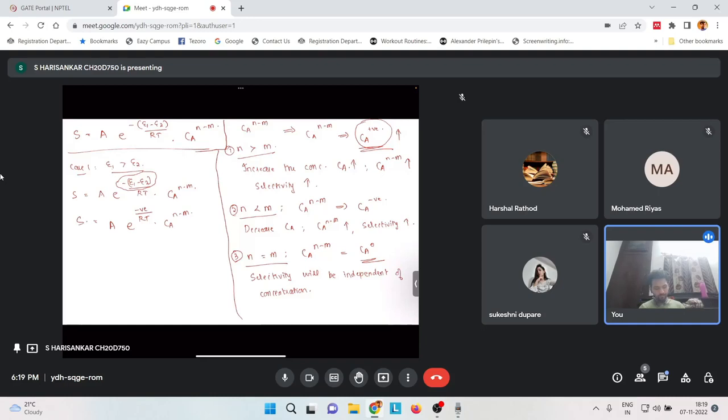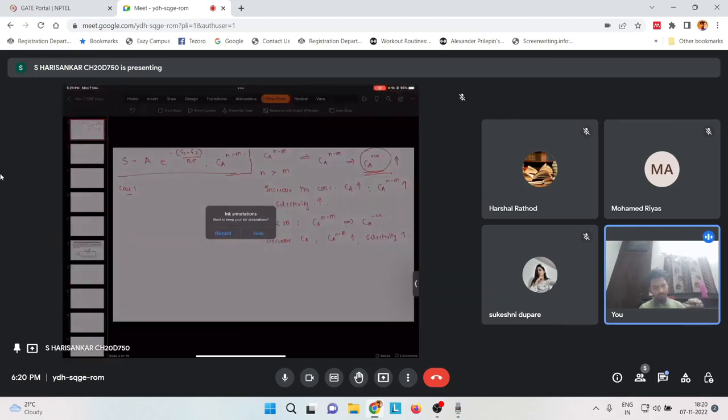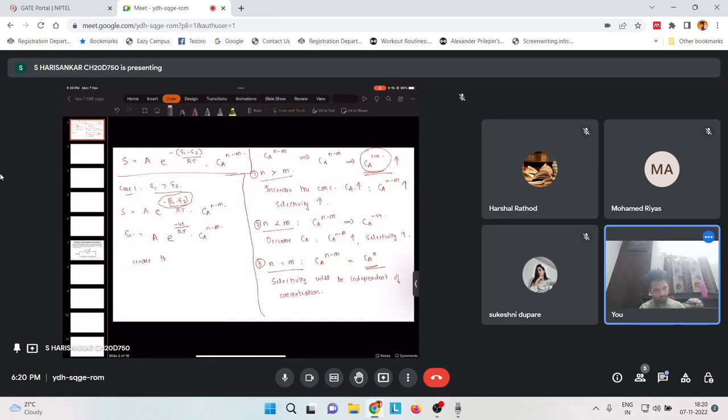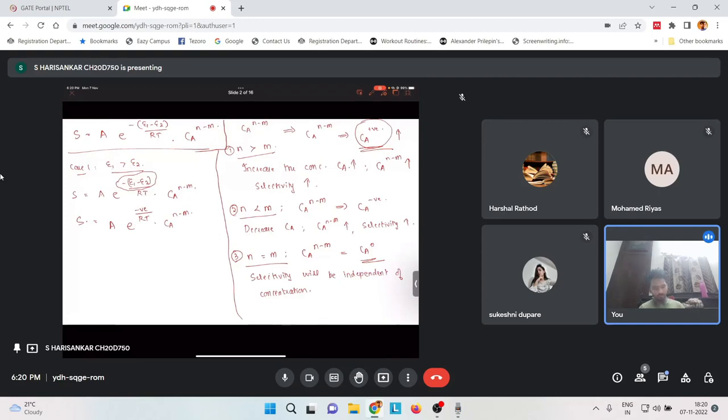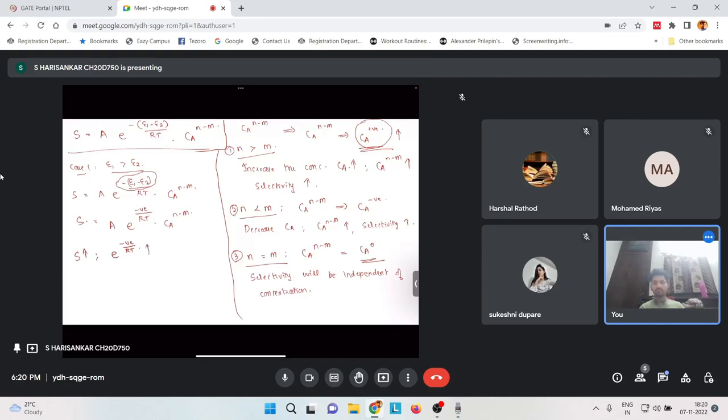So here, if we want this selectivity to increase, this e raised to negative term by RT should also increase, because we are not considering everything else.